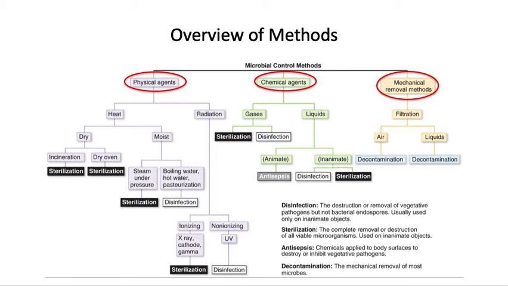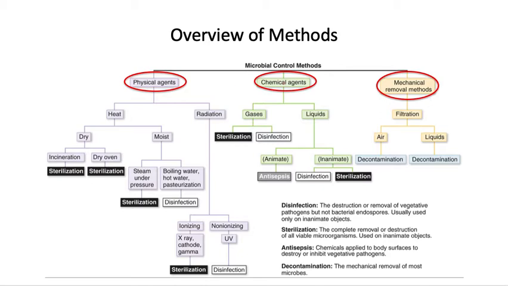And similarly, we have mechanical methods, which are also methods that are used for decontamination. And so a mechanical method will be something physical, not like heat or radiation, but something that involves a scrubbing or a filtration or a mechanical removal process.